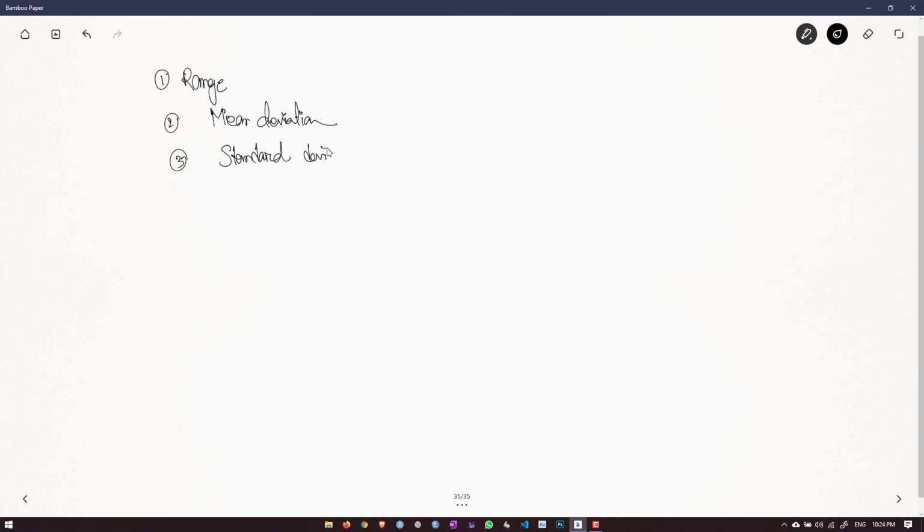All of these are formulas, in simple words, to calculate the amount of dispersion, right? With standard deviation there is another closely associated term, which is called variance, right? So these three are measures of dispersion.